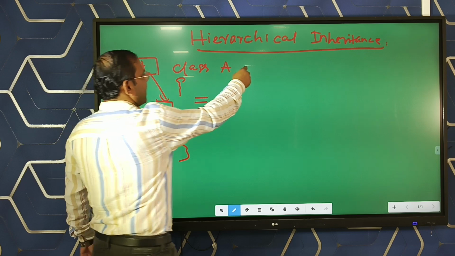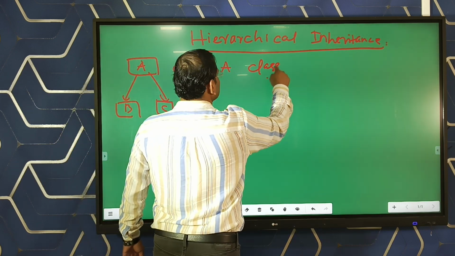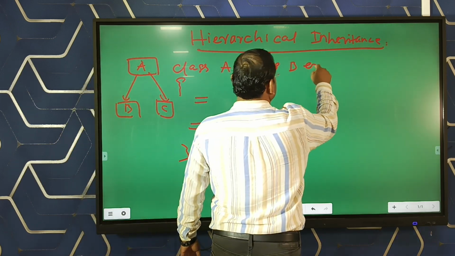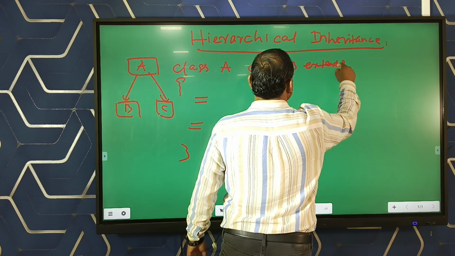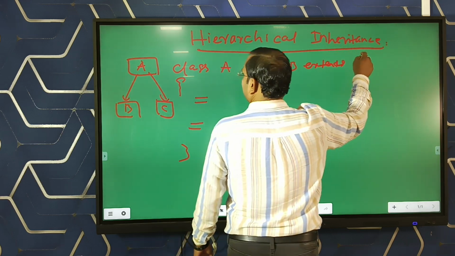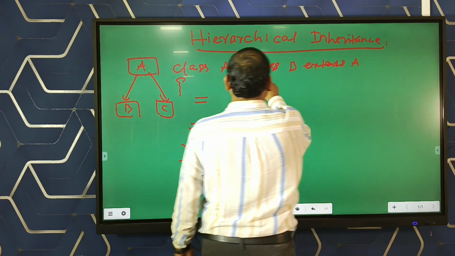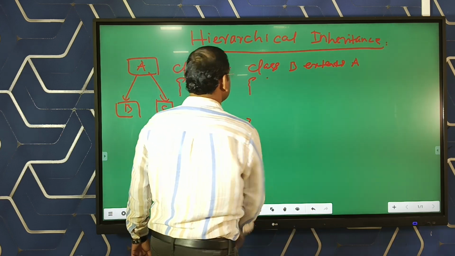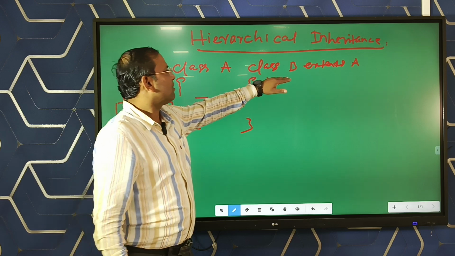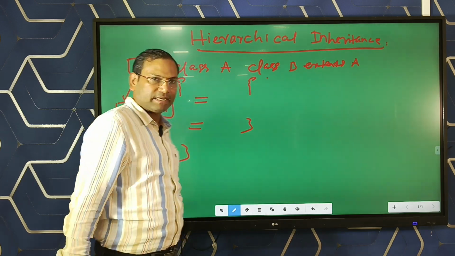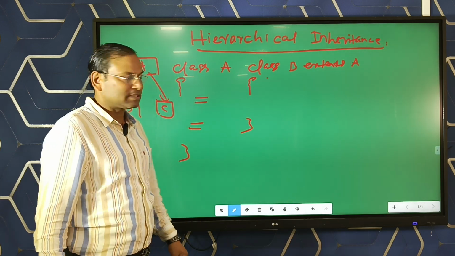Next, you have to write class B extends class A. Then class B occupies the characteristics of class A through the extends keyword.